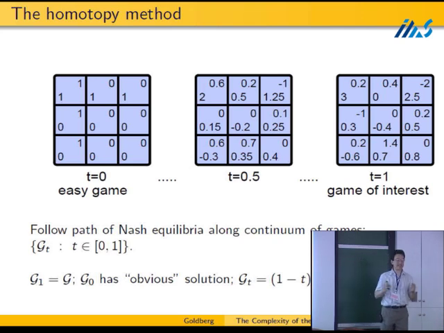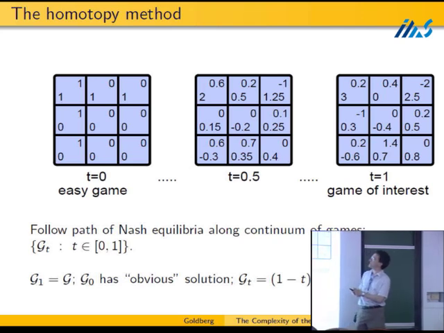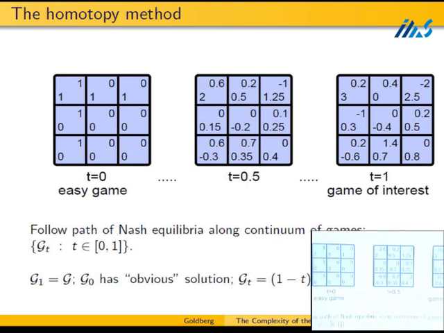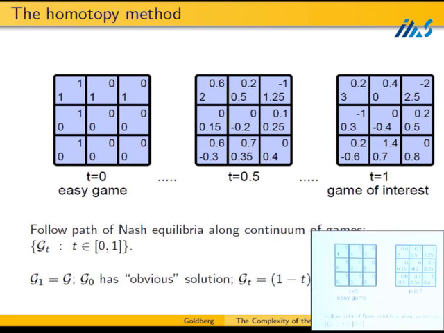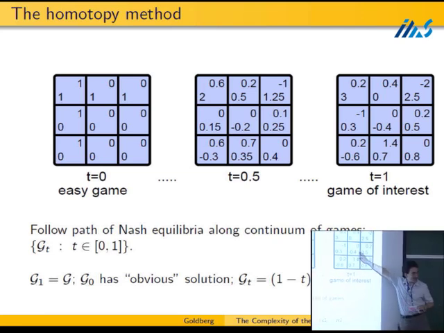And what I continue by doing is that I continuously tweak all the payoffs to get from here to here, so that if I parameterize this process by a parameter t, there's t equals 0, t equals 1, and at t equals 1/2, we just take a weighted average of the payoffs in the game, and we keep track of the equilibria as we proceed with this process, and we hope that we end up with an equilibrium of the game that we really want to solve, the one over here.